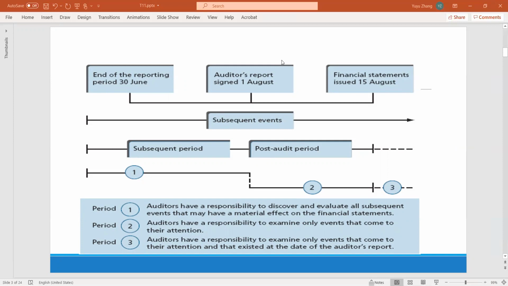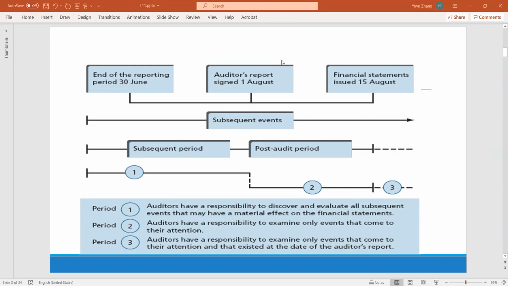In this period, auditors have the responsibility to discover and evaluate all subsequent events that are material to the financial reporting. So for new situations arising in period 1, auditors should be very active to discover and evaluate their impact as subsequent events.